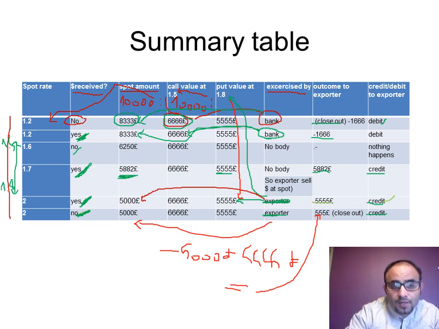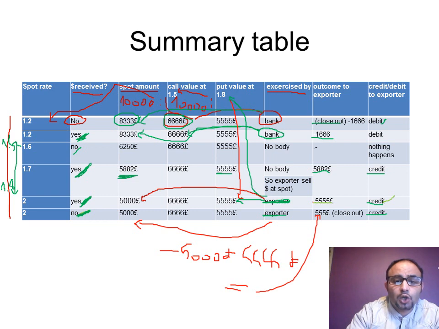Now, if we take, for example, the first row, which says 1.2, and the case that there was no money received from the US company, then the bank will still want to exercise its option. Why is that? This is very simple.